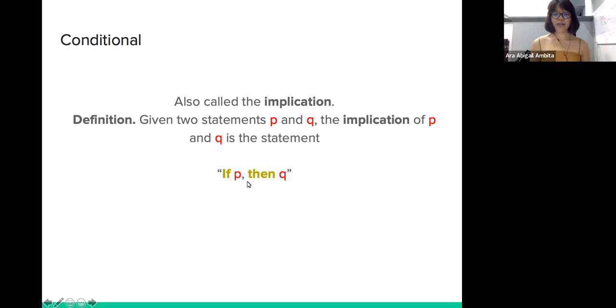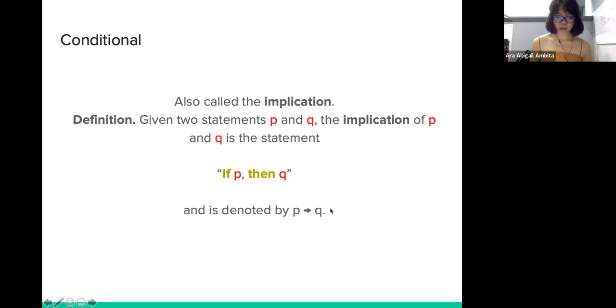All right, so we can say that this is conditional because P implying Q asserts that Q is true on the condition that P holds. Okay, so it is also denoted using this expression.